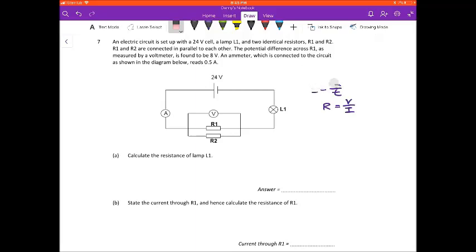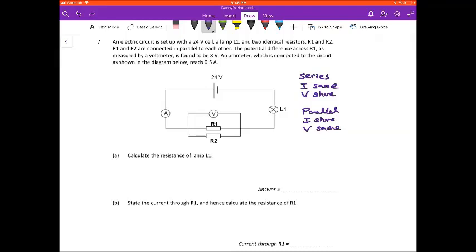But for this exercise, you need to recall certain things. Number one, in series, your current is the same, and your V is shared. But in parallel, your I is shared, but your V is the same.